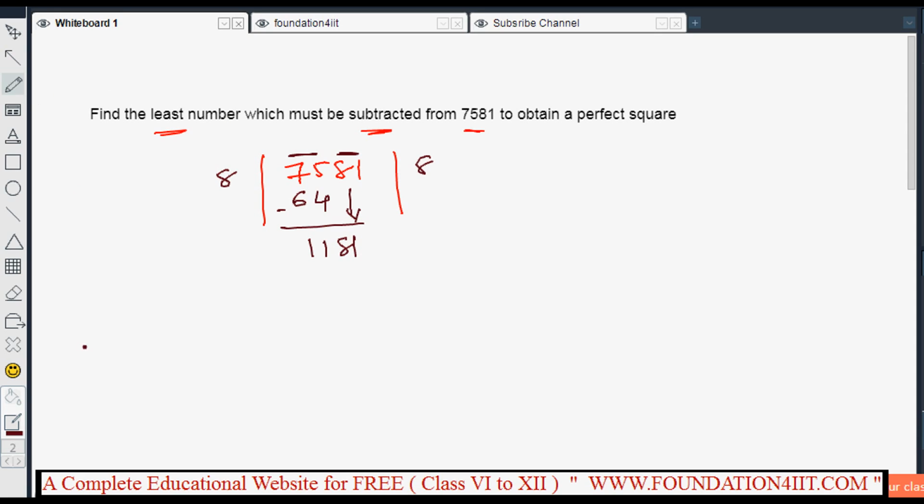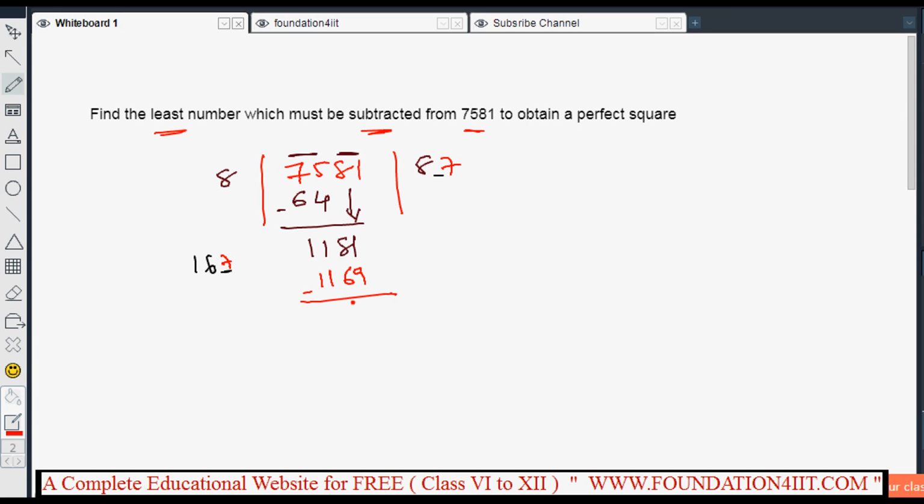Now this 8 becomes double, that is nothing but 16. Now the next place, this is near 1181. So 167, 7 sevens are 1169.